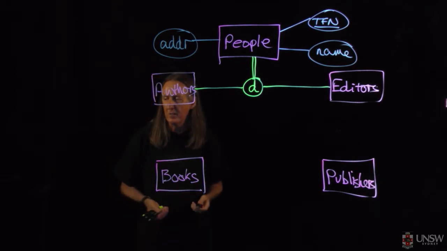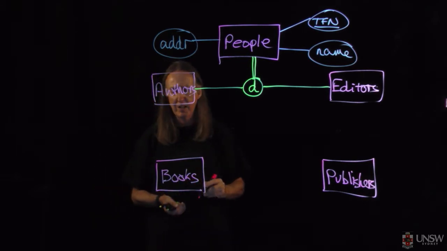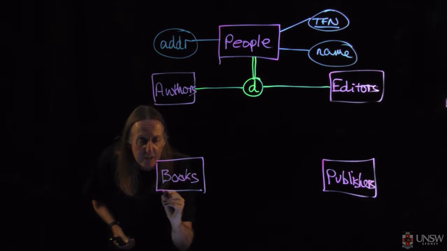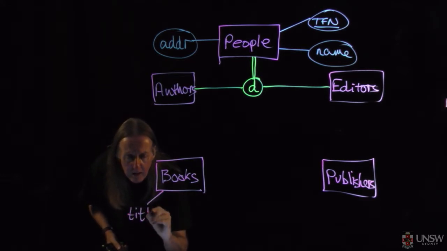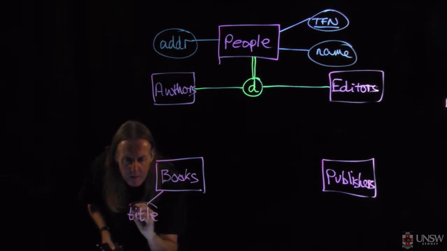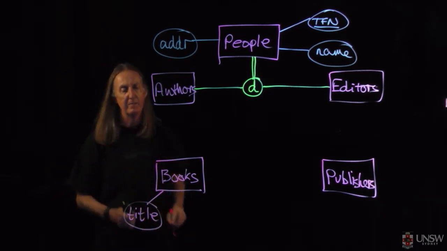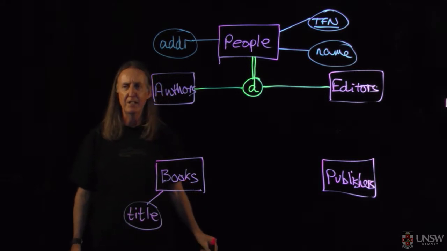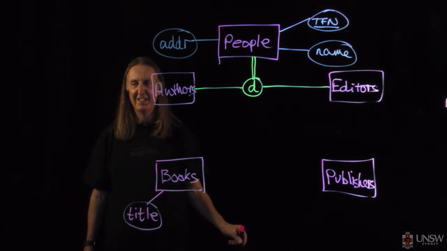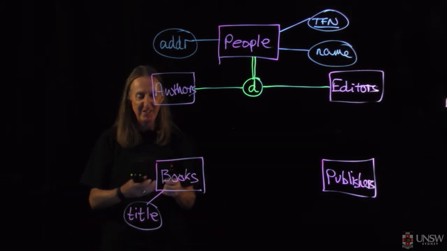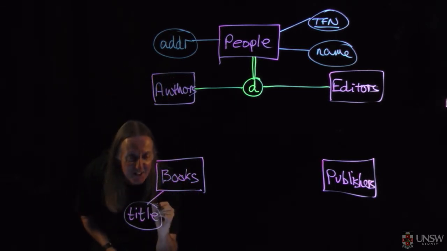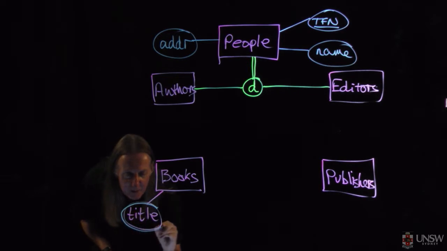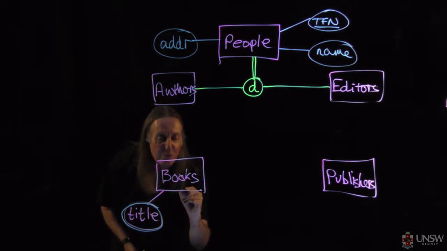All right, so what kind of information do we have about books? Well, certainly any book is going to have a title. Books are uniquely identified by an ISBN, and I probably should have been consistent with my colour scheme, so attributes are actually in blue.